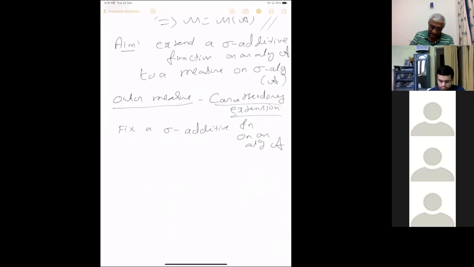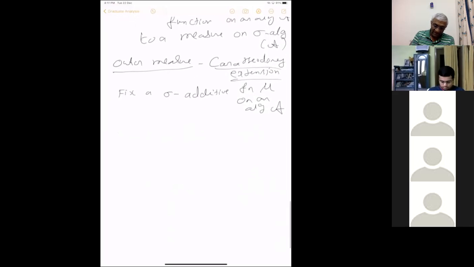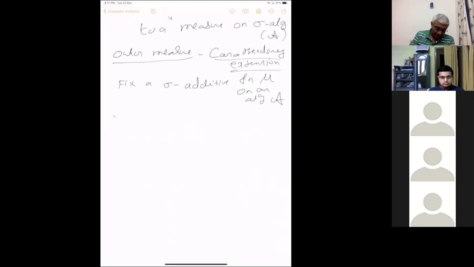This mu looks like m, so I'll erase it. Okay, this is mu. We have a function mu, a sigma additive function on the algebra, and we want to extend it to the sigma algebra generated by that. Then define mu star E, this is what is called the outer measure.